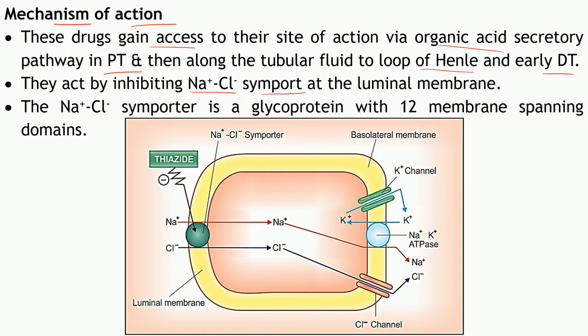So it is present at site 3. Now here again, just like furosemide, thiazides also act from the luminal side, right? So this is the lumen, and this is the ECF. So from this side, from the luminal side, it will act on the transporter.